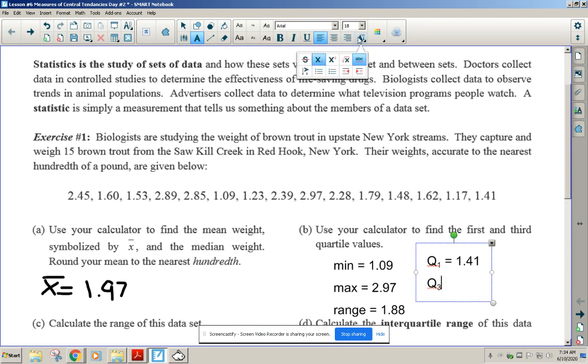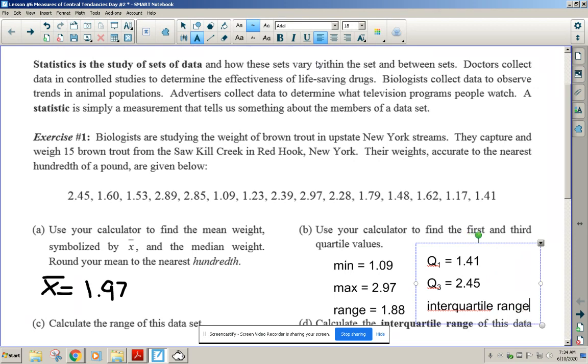Quartile 3 now is your 2.45, and then this gives us an inner quartile range. So this is inner quartile range is from 25% of the data to 75%. It's 50% of the data, and the inner quartile range, you subtract the two, and you get 1.04. So your inner quartile range, 1.04.